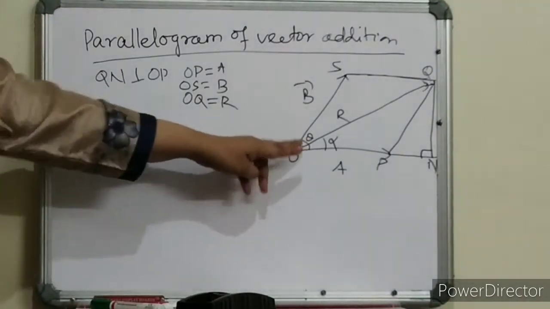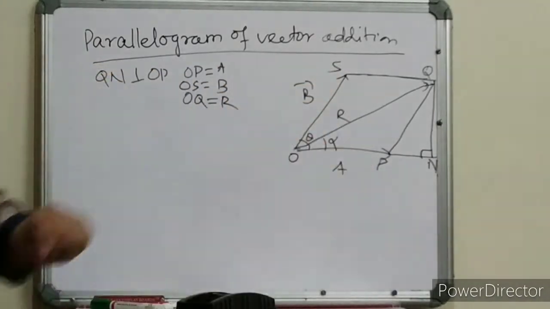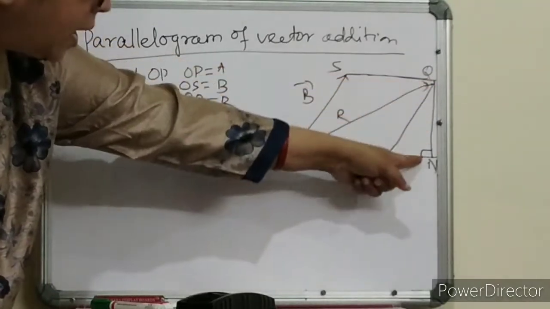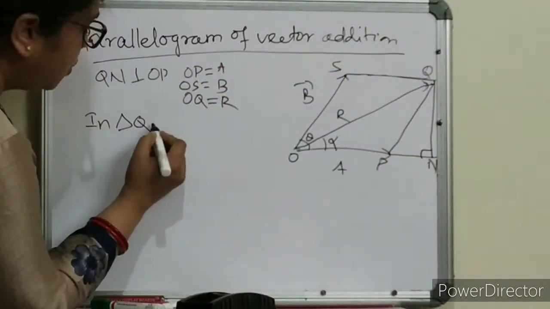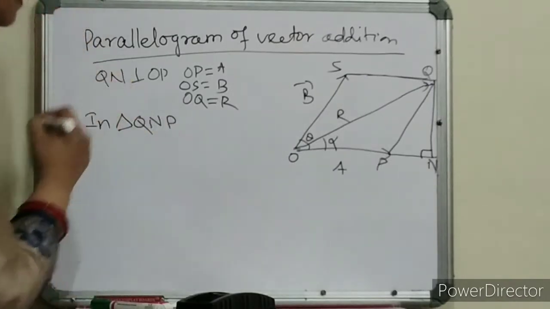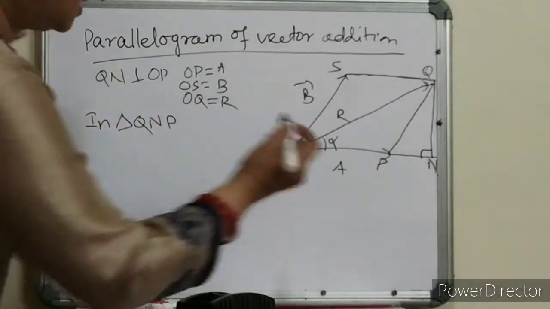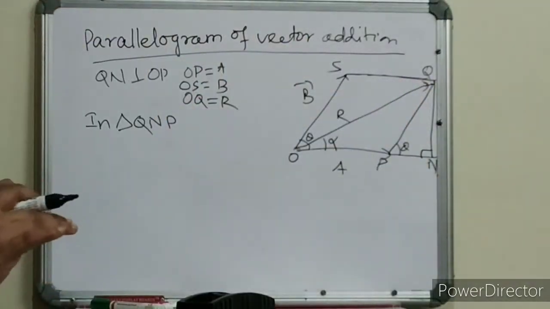See, this angle SOP is theta. Now see, in triangle QNP, if this is theta, then this will also be theta because these are parallel sides.